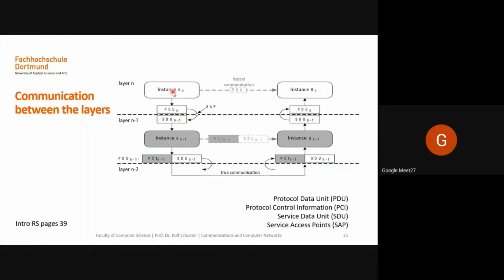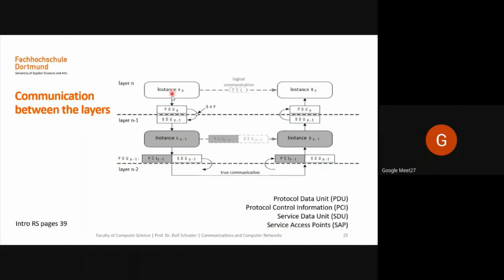The different entities within the same system, not the pair entities between different systems, but within each system, collaborate across a service interface. Talking in terms of OSI terminology, the interface between one entity and the entity below is performed across a service access point, a SAP.